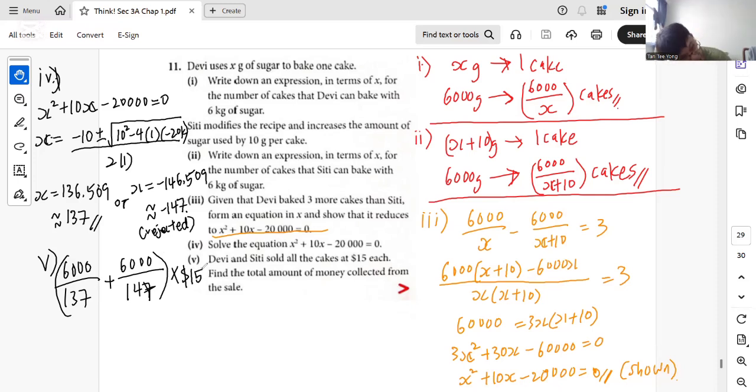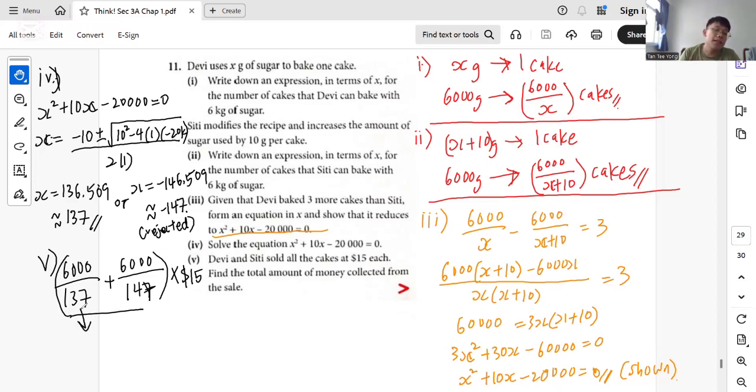Okay, so I add the total amount of cakes they bake, and then I multiply by $15 because both of them sold the cakes at $15 each. Okay, so let's see. Oh, I think I can't do that. I have to count individually. Because if I were to do this, right, then yeah, I can't do it.